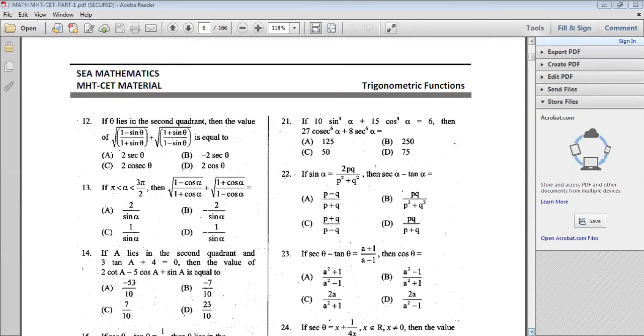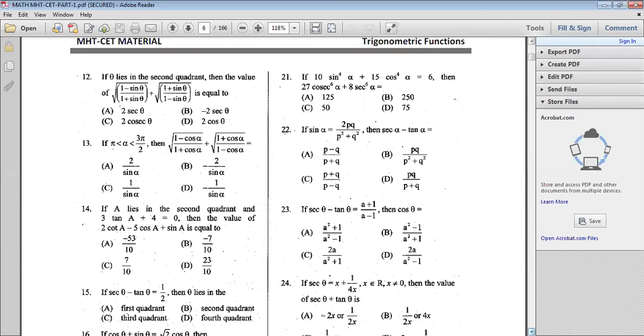Look at the next problem. 13th problem. It is also the similar way. Observe 13.